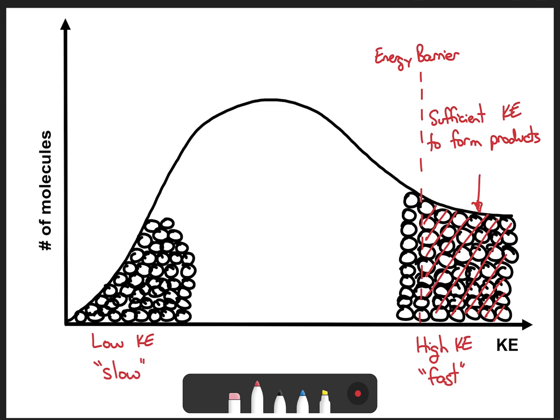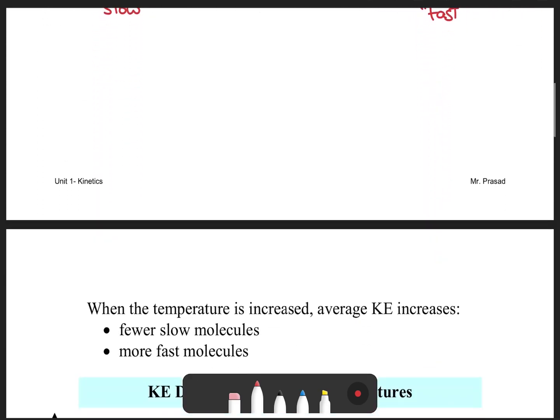When they collide, they have enough kinetic energy to break bonds, rearrange, and form products. The molecules to the left of the energy barrier do not have sufficient kinetic energy, so when they collide, their collision results in the reactant molecules just bouncing apart without forming products, as there's not enough energy to form bonds.